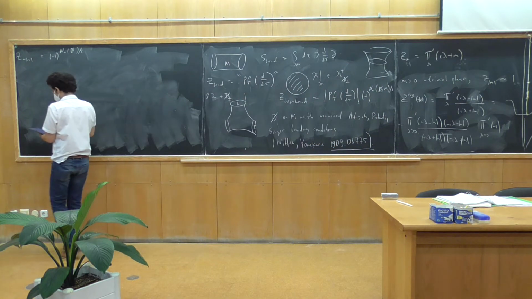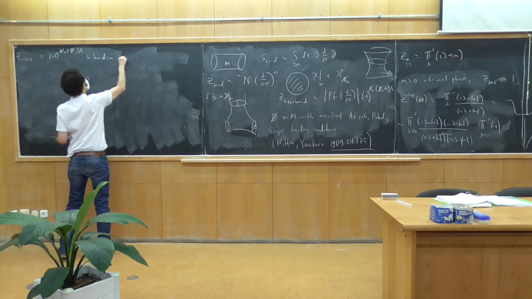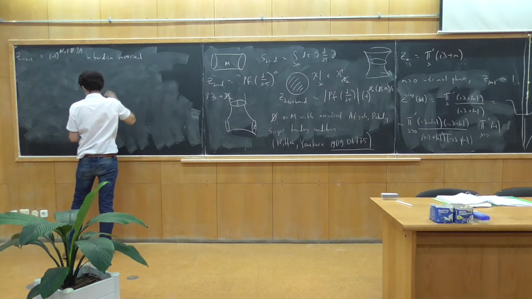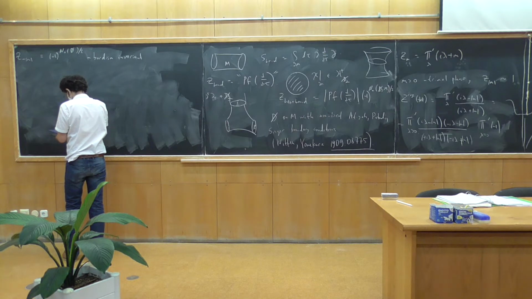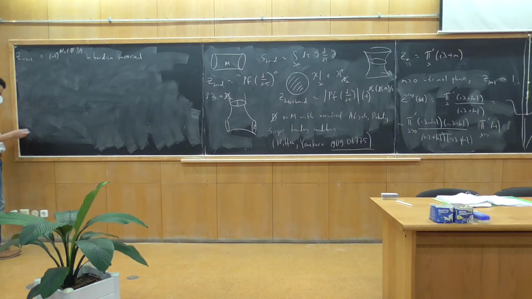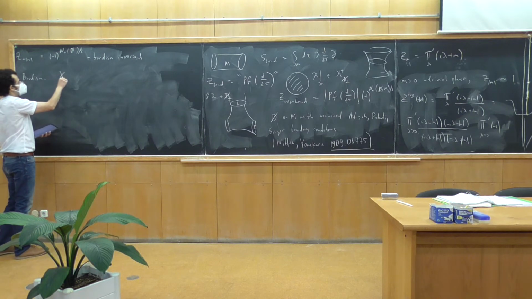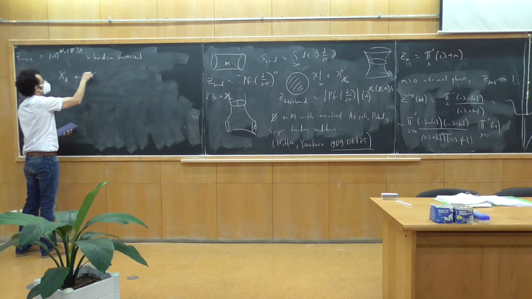What does it mean, bordism invariant? So we need to define this idea of bordism. Say you take two d-dimensional closed manifolds, X_d and Y_d.